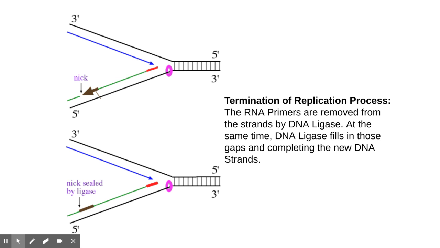So once both strands are completed, the ligase enzyme comes back in and it will remove the RNA primers and fill in with DNA nucleotides and seal those bonds together. That way, when it's done filling in those nicks, it will have one continuous strand of DNA.